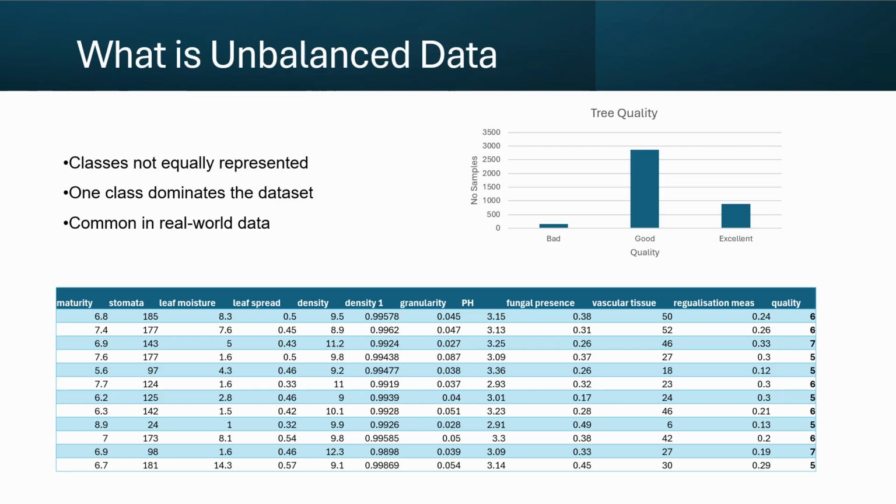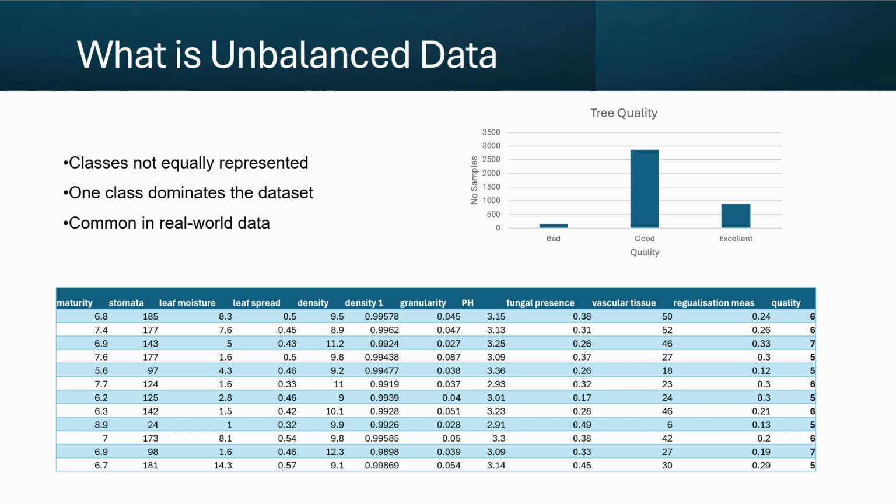Okay, so just to get us started, what is unbalanced data? Unbalanced data is when a class is not equally represented, where one class could be dominating a whole data set. What we can see here in this tree quality data set is a bar chart that shows the quality and the number of samples.